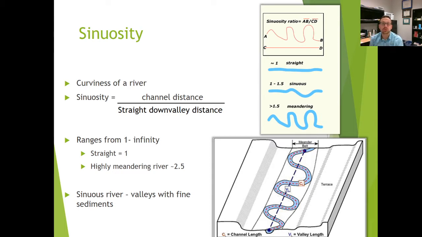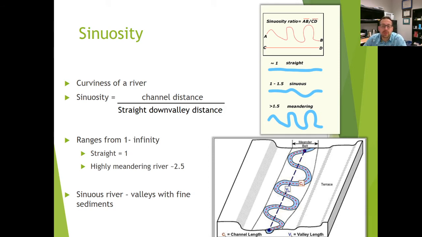Really, for a super meandering river, you might get like 2.5, but not much more than that. You'd have to have a valley with really fine sediments, and a really wide river valley where it can meander real far.